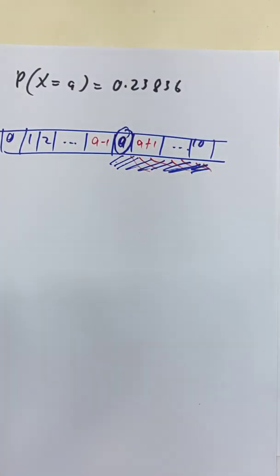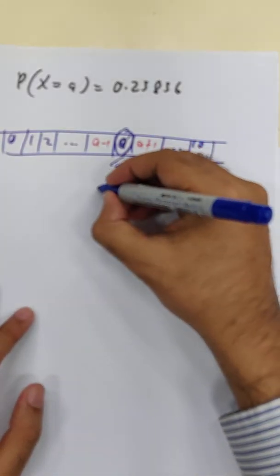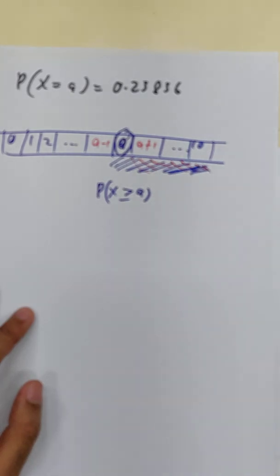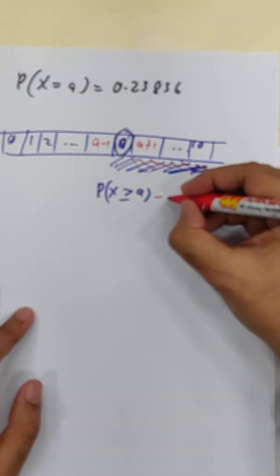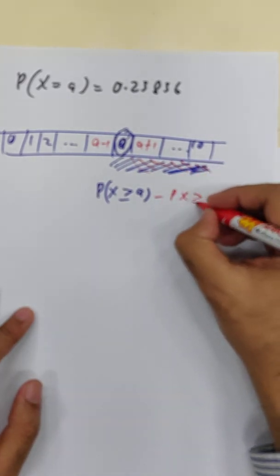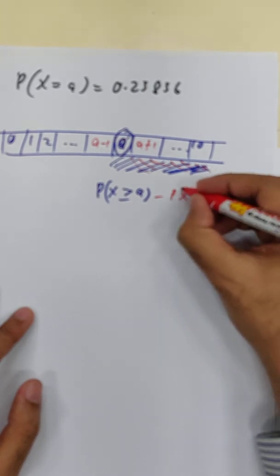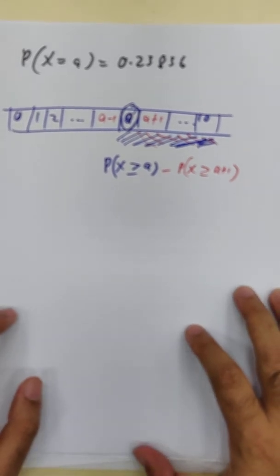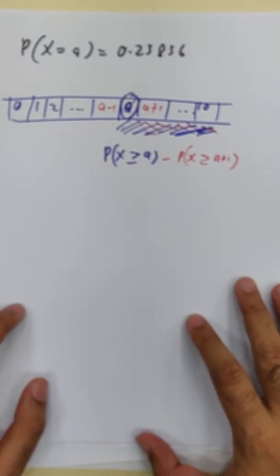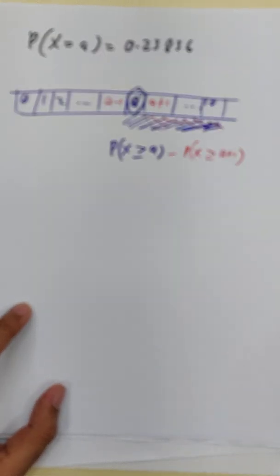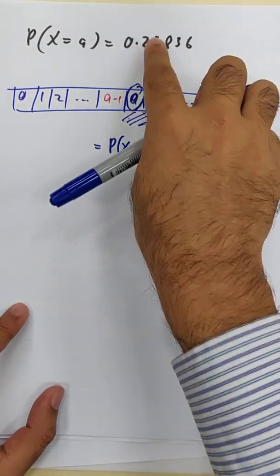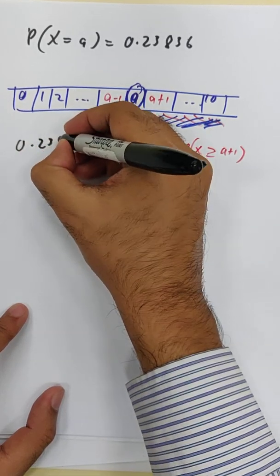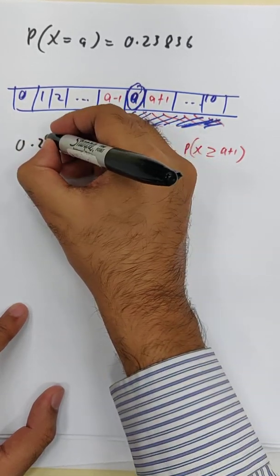So the blue part will be P(X ≥ a) minus P(X ≥ a plus 1). Are you following me? Good. And we know this result is going to be 0.23836.